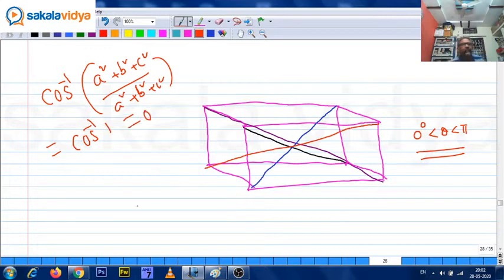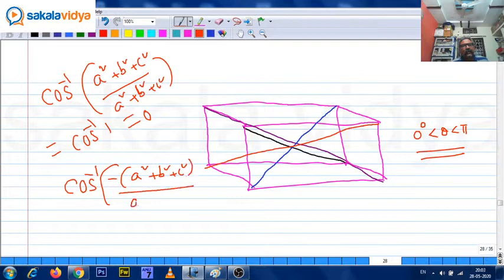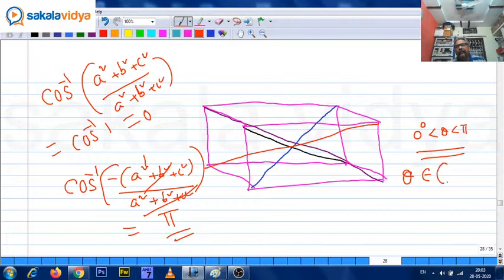If we take all negative signs, what happens? Cos inverse, minus common, all minus sign, a square plus b square plus c square by a square plus b square plus c square. This cancels, you get minus 1. Cos inverse minus 1 is pi. See, the angle must be between 0 and pi. That means theta belongs to the open interval 0 comma pi. 0 is not included and 180 degrees is not included.